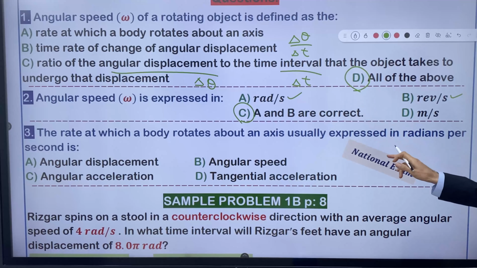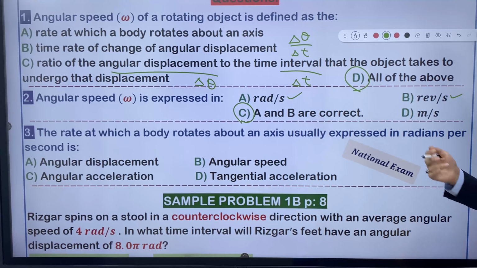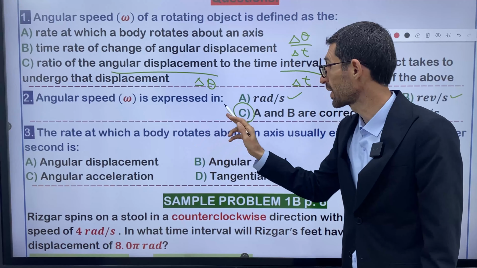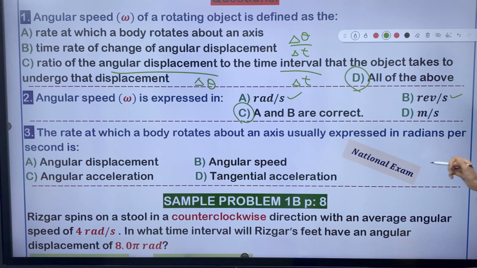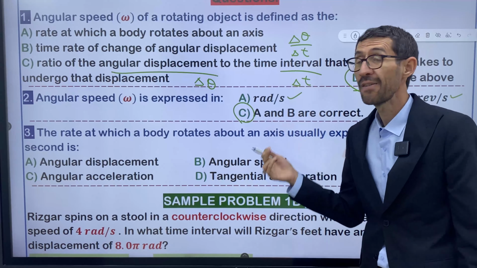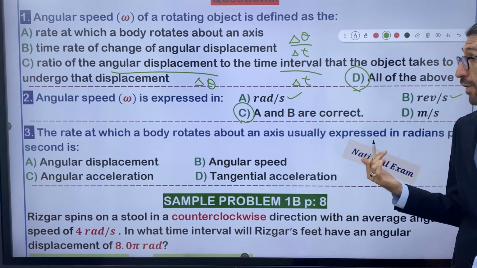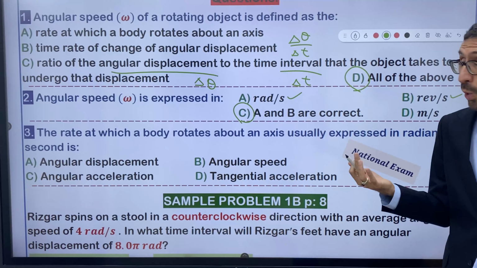So, national exam question. Question number 3. The rate at which a body rotates about an axis, usually expressed in radians per second. It gives you a definition for a quantity in physics, right? What's this quantity?